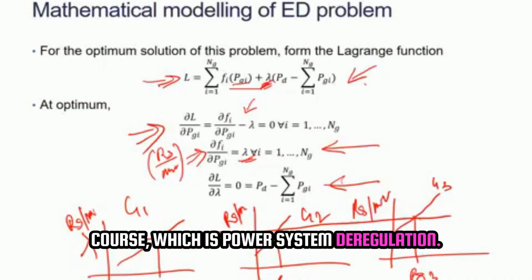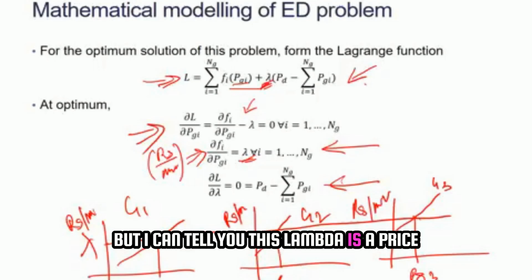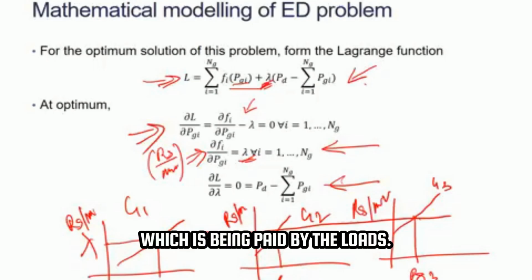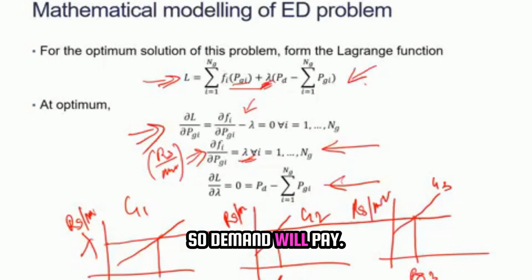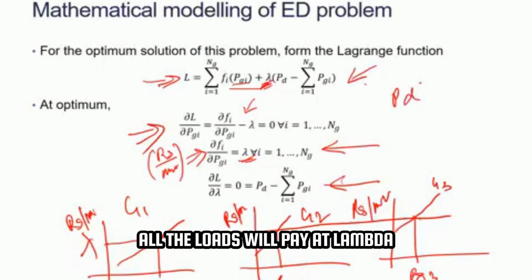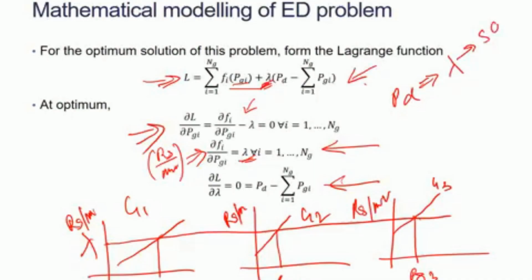This lambda, we are going to see in detail in the next course, power system deregulation. But I can tell you this lambda is a price which is being paid by the loads. All the loads will pay at lambda to the system operator.